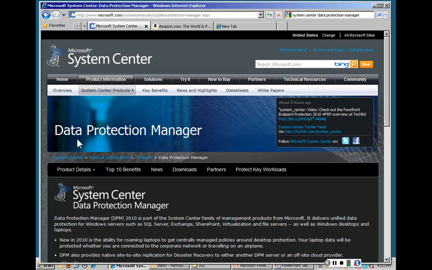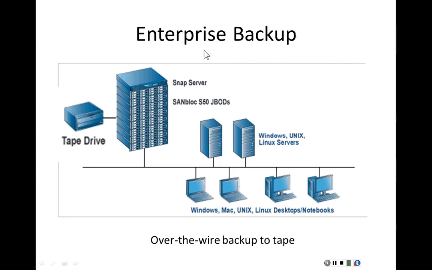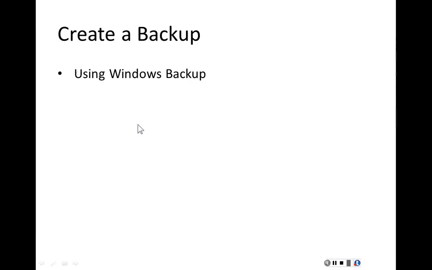There is something called the Data Protection Manager, and the Data Protection Manager is Microsoft's enterprise backup software that allows you to perform backups over the wire to tape drives. So let's create a backup using Windows Backup, which is the backup program built into the operating system.